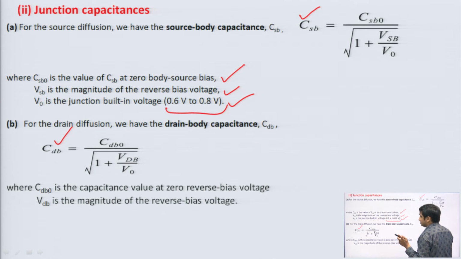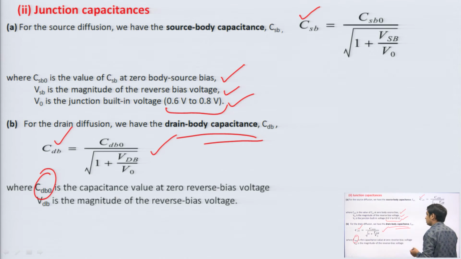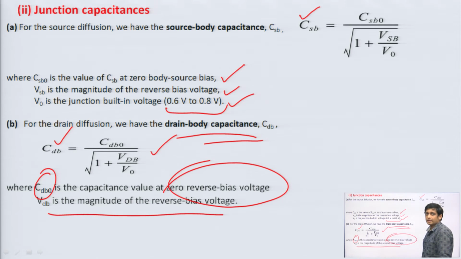For the drain diffusion, we have the drain to body capacitance CDB, and the equation is CDB naught upon under root 1 plus VDB upon V naught. CDB naught is the capacitance value at 0 reverse bias voltage, and VDB is the magnitude of the reverse bias voltage.